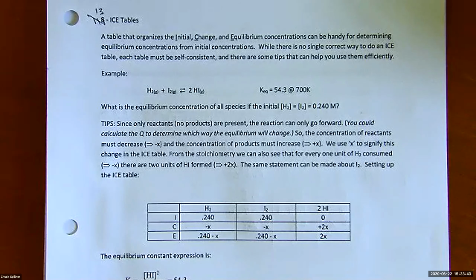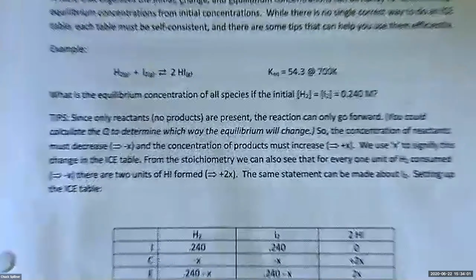So in this first problem here, let's see where it says, what is the equilibrium concentration? So let's zoom in on the question. The question is right there, right in the middle.